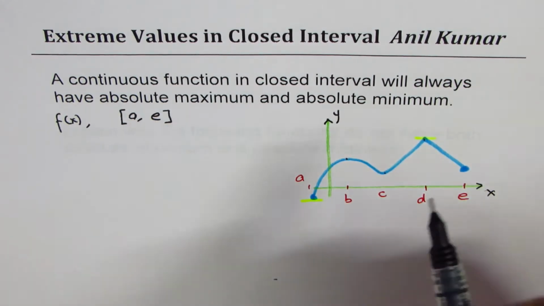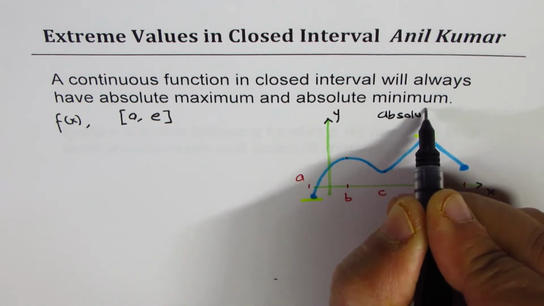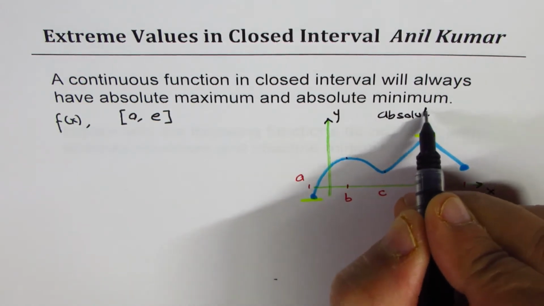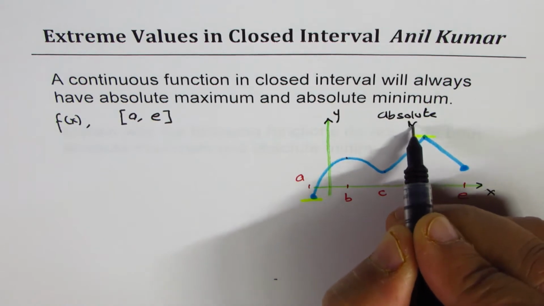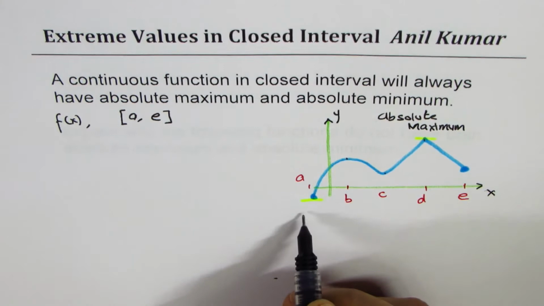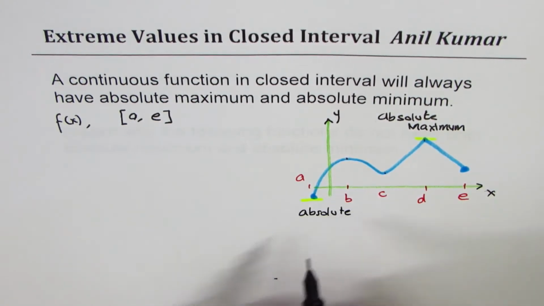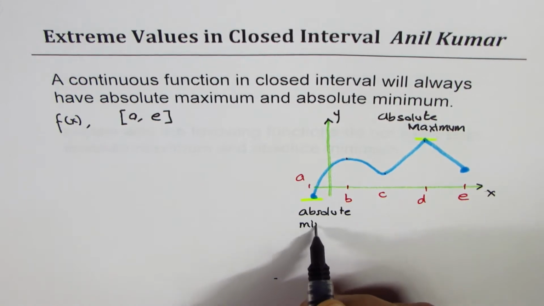So these values are called absolute maximum, and this is called absolute minimum.